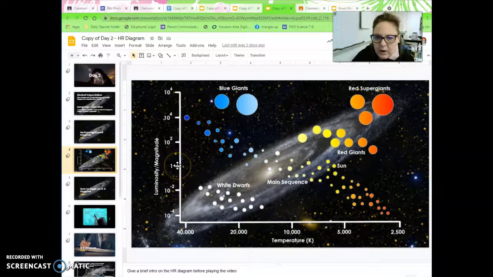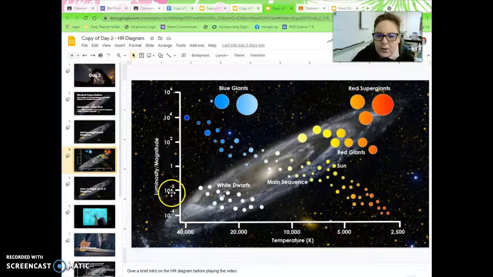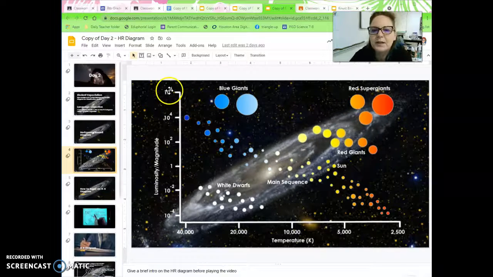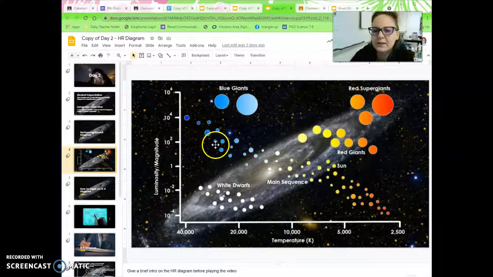And the sun is 1. And these go in powers of 10. So it's like this. 10 to the second power would be 100 times brighter than the sun. 10 to the fourth power would be 10,000 times brighter than the sun. And this would be 1,000,000 times brighter than the sun, and so forth.